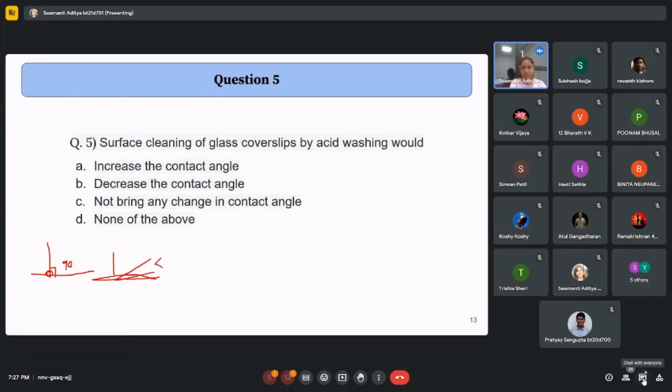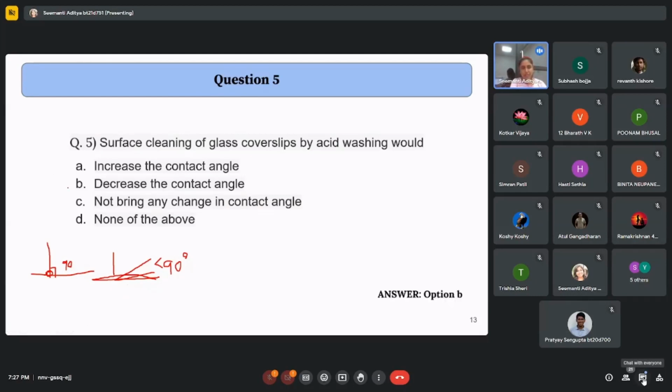So that is good. If we are washing with acid, then this causes etching on the surface, and so it will allow better spreading of the ECM. So what should the contact angle be? Option B is correct here.